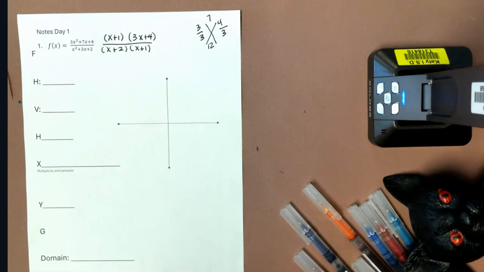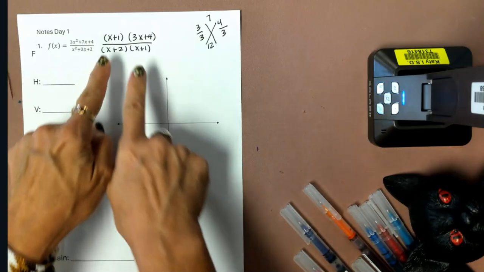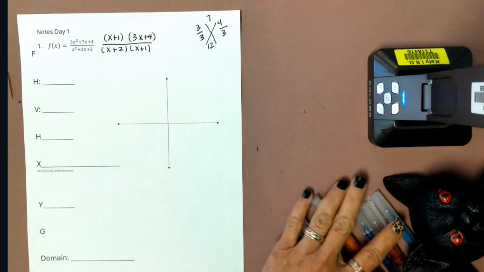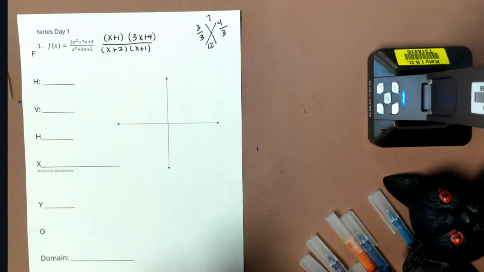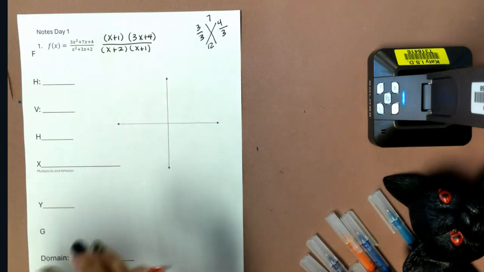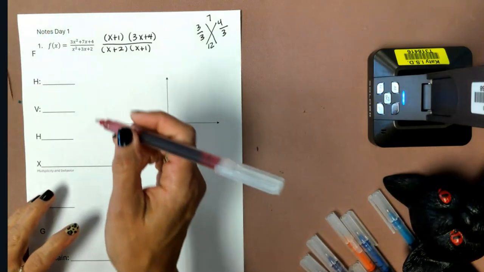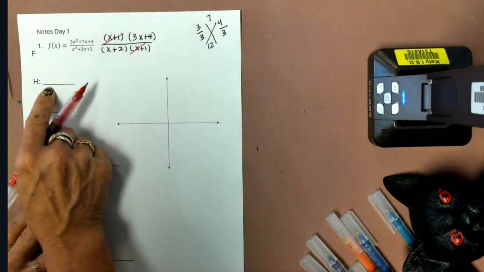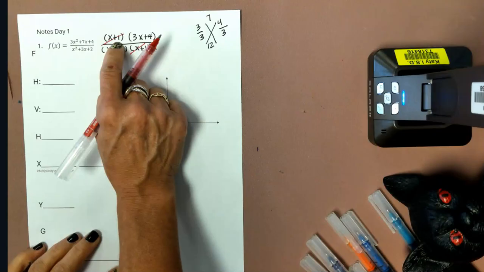Now we are going to find a hole, and we absolutely have a hole because I have factors here that cancel. I am still going to use a red pen for any discontinuities. With my red pen, I cancel these out, and then I immediately go to the blank for my hole, and I write the opposite value in here.